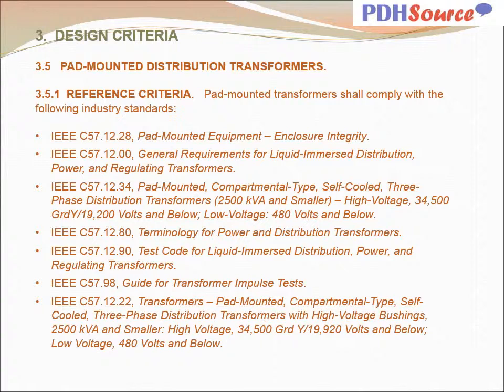IEEE C57.12.80 terminology for power and distribution transformers, IEEE C57.12.90 test code for liquid immersed distribution, power and regulating transformers, IEEE C57.98 guide for transformer impulse tests, and IEEE C57.12.22 transformers, pad-mounted compartmental type self-cooled three-phase distribution transformers with high voltage bushings 2500 kVA and smaller, high voltage 34,500 grounded Y/19,920 volts and below, low voltage 480 volts and below.